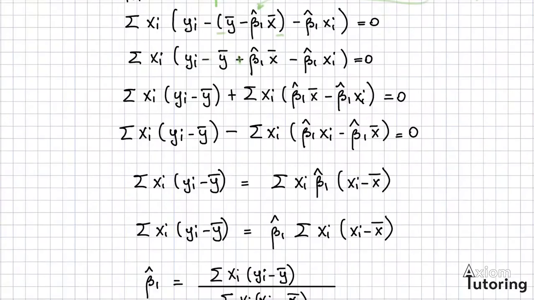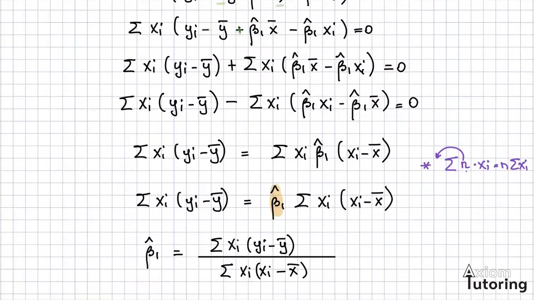The next bit, we are using the summation notation properties that we have seen before, and because we have simply a constant times a variable, the constant can go in front, and we have the constant times the sum of the actual variable. This should explain why the beta 1 hat is going in front. Ultimately, because we are solving with respect to the beta 1 hat, what remains is simply rearranging the expression so that we have the beta 1 hat on one side and everything else on the other side.